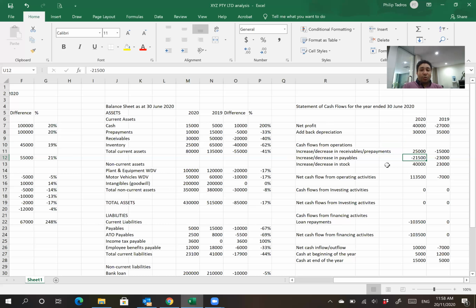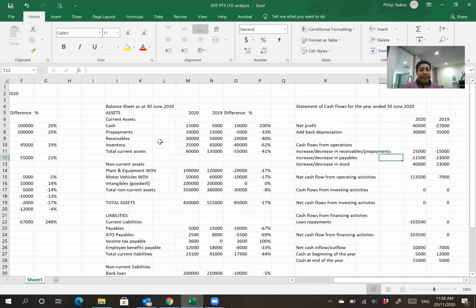Well, it's quite simple. So an increase in a current asset may be a good thing from a balance sheet perspective. So, for example, an increase in inventory or an increase in debtors, well, it may be a good thing from a balance sheet perspective.